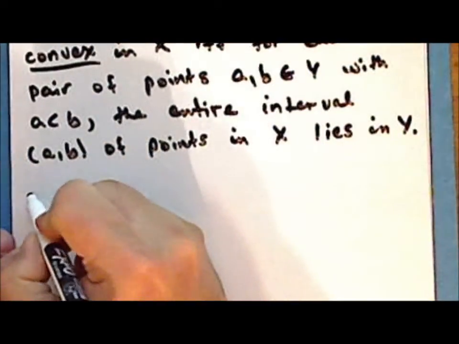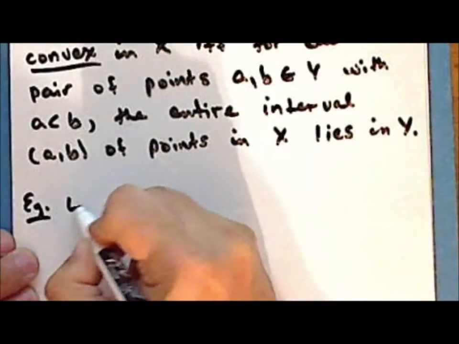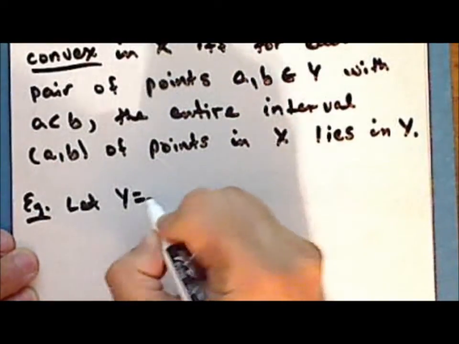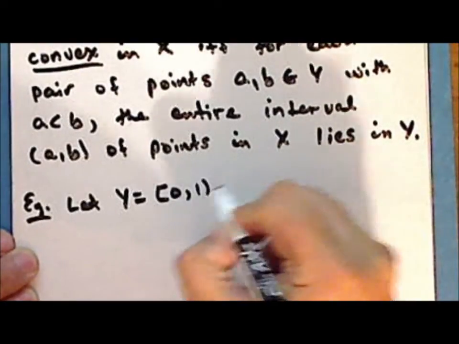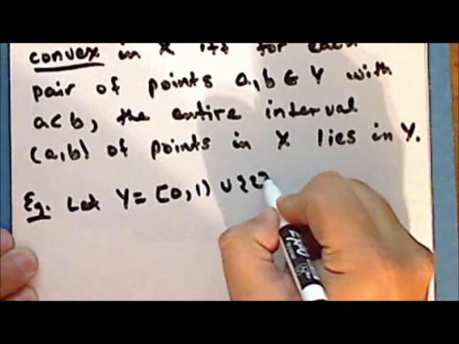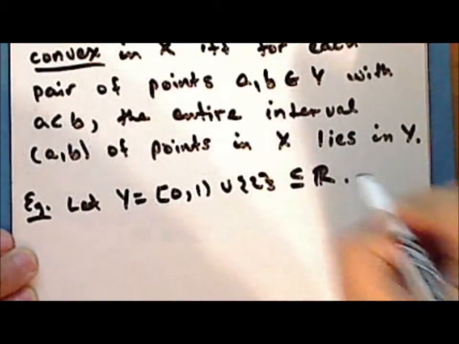So as an example, let Y be the union of the half open interval from 0 to 1 with the singleton containing 2, and let this be a subset of the reals.